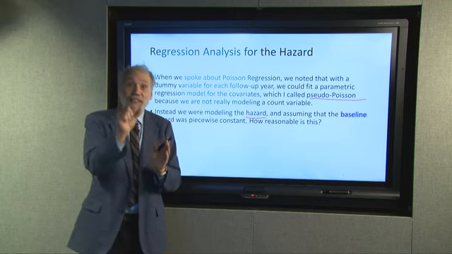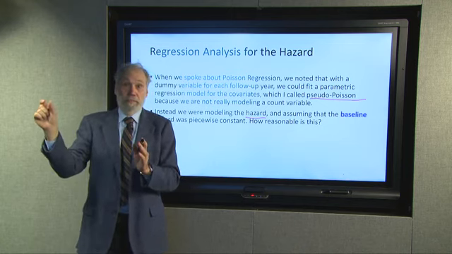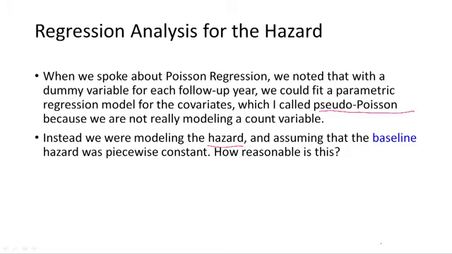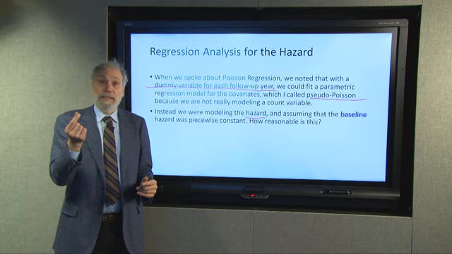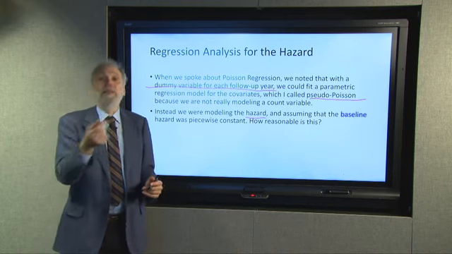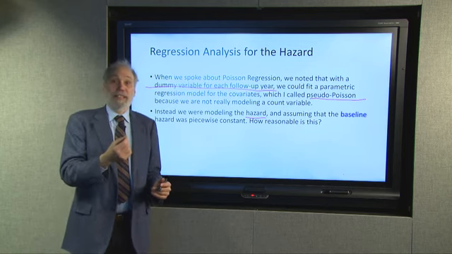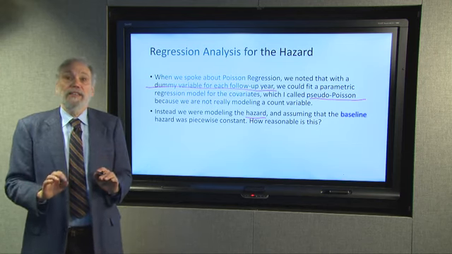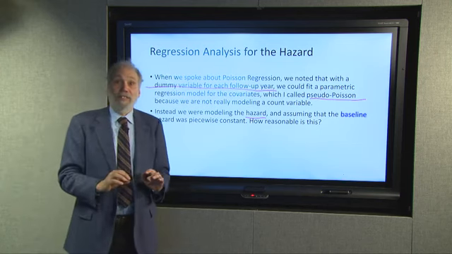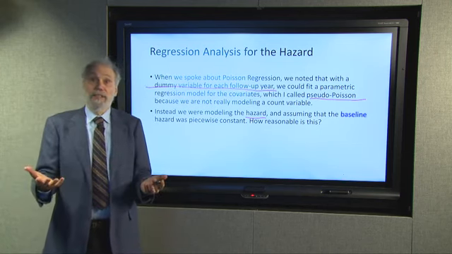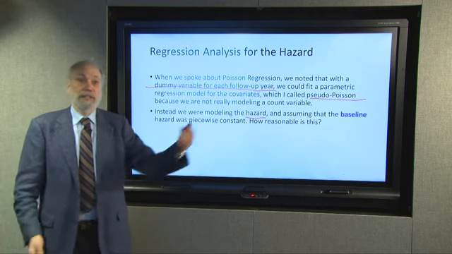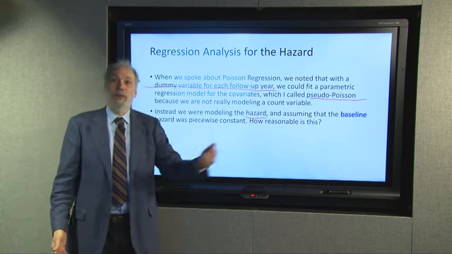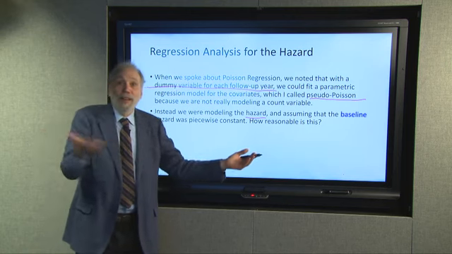We assumed it varied every year. That's what those dummy variables for each year represented. But within year, we assumed close enough, it's constant. And if we make that assumption, we can do our survival analysis using a Poisson regression program. In SAS, for example, ProcGenMod, in R, GLM.